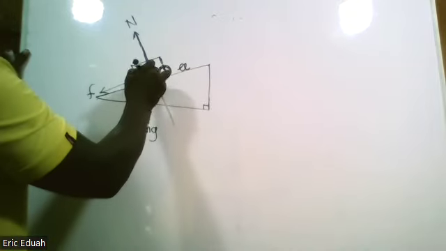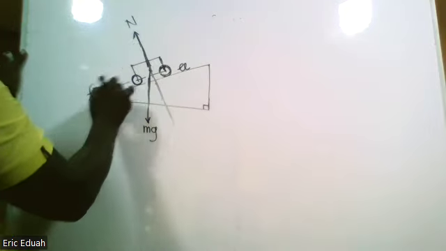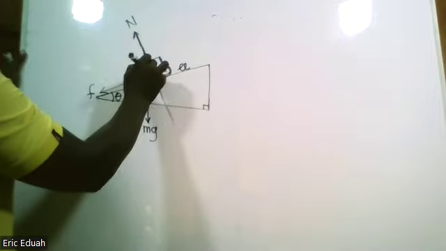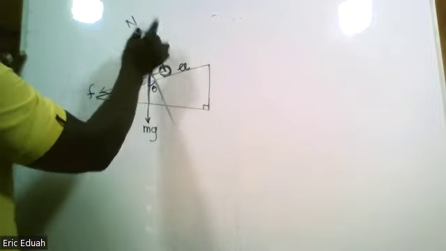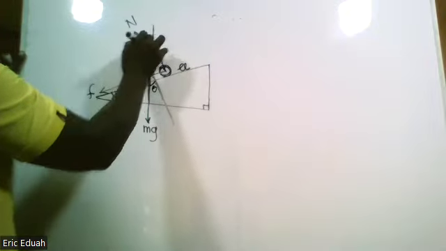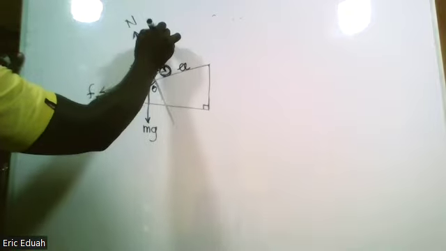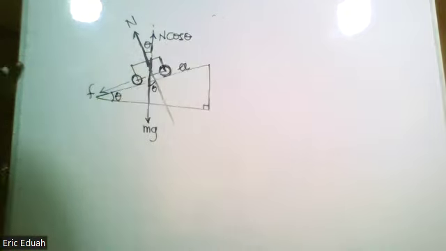When we resolve this, the banking angle is theta. So this is also theta. So here we have N cos theta.